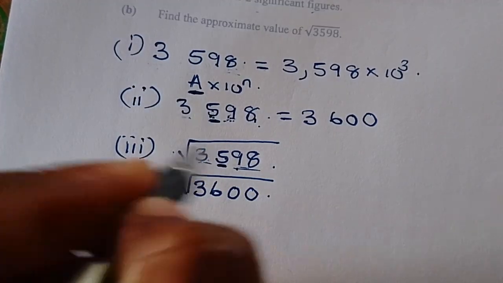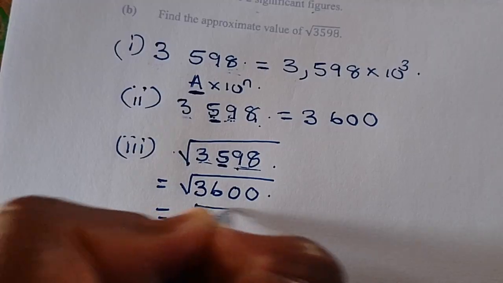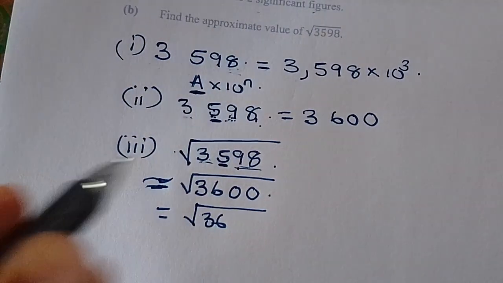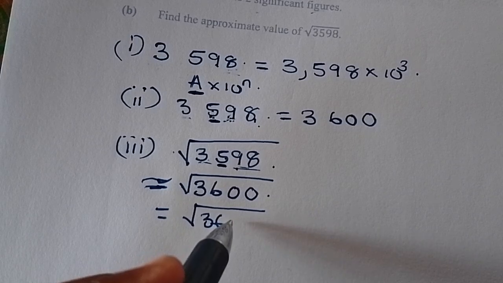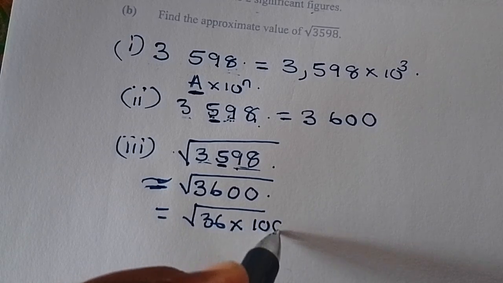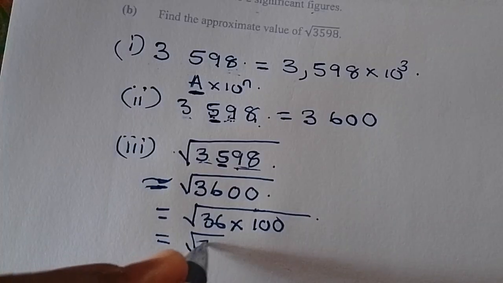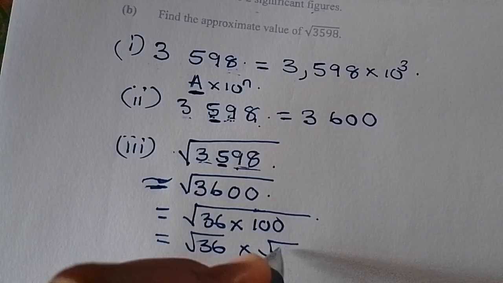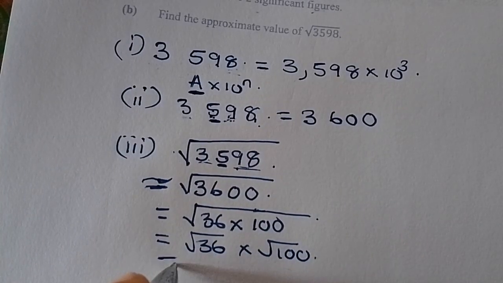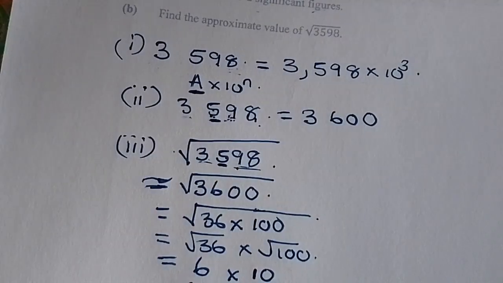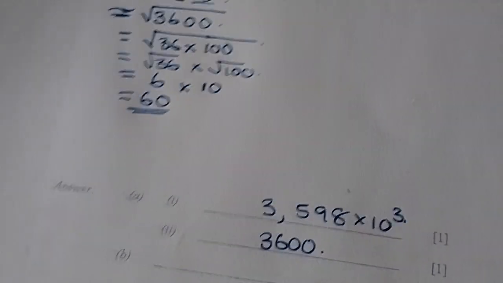The square root of 3,600 is the square root of 36 times 100, so it becomes root 36 times root 100. The square root of 36 is 6, and the square root of 100 is 10. So it's approximately equal to 60.